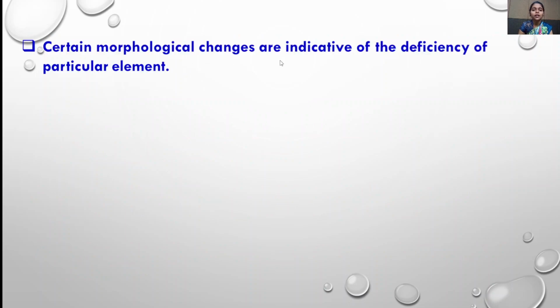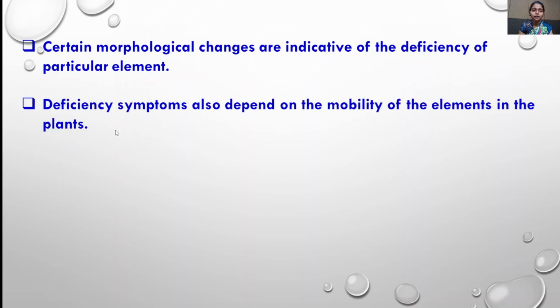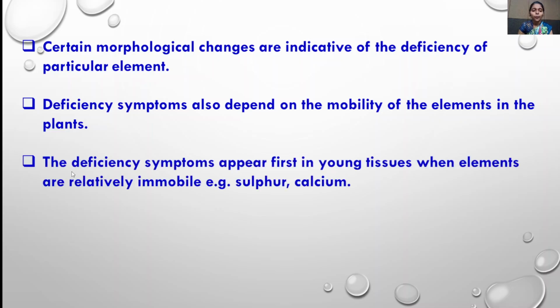Certain morphological changes are indicative of the deficiency of a particular element. Deficiency symptoms also depend on the mobility of the element in the plant. The deficiency symptoms appear first in young tissues when elements are relatively immobile, for example sulfur and calcium.